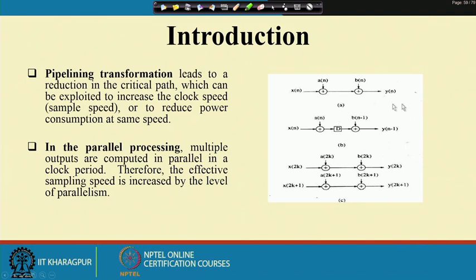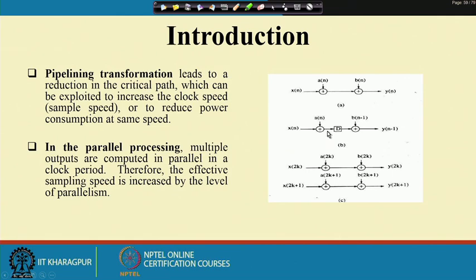So if it was 500 megahertz sampling speed, here it will become 1 gigahertz. Technically it is not exactly 1 nanosecond, because the clock to Q delay of the register will also be associated with this, and that delay I have to consider for this particular case.